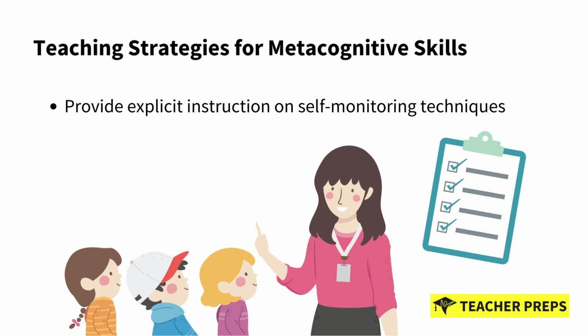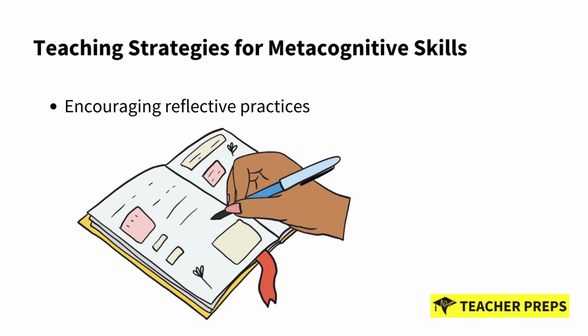Teachers here can give students a checklist of questions to ask themselves while reading, such as, do I understand this section? Or what is the main idea of this paragraph? Next, encourage reflective practices. After reading, students can engage in activities that promote reflection, such as summarizing, questioning, or discussing the text.